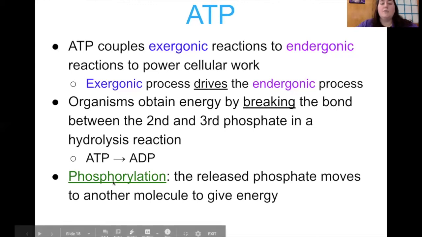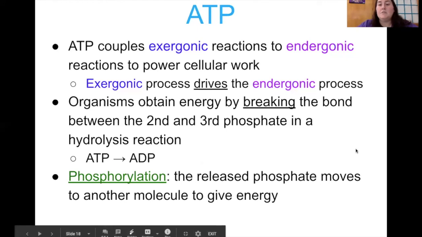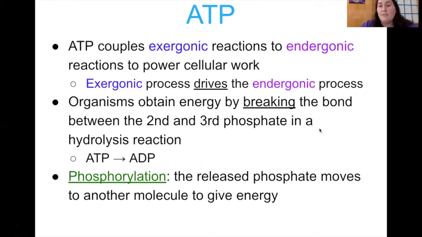For that protein within the membrane to go through a conformational change, it needs to be phosphorylated. ATP breaks the bond between its second and third phosphate group and gives it to that membrane protein to allow it to make a conformational change.